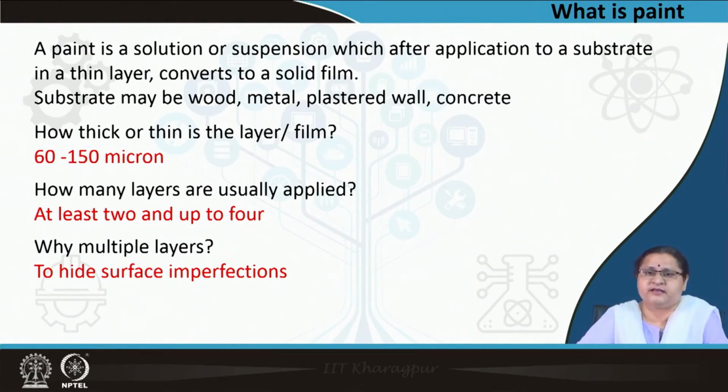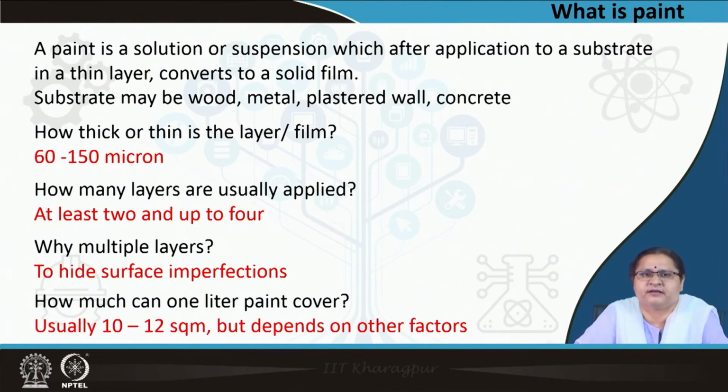So when you see the layer, it should be only the color or only the layer you want to see, with a very uniform distribution without any breaks or gaps. How much can 1 liter of paint cover?